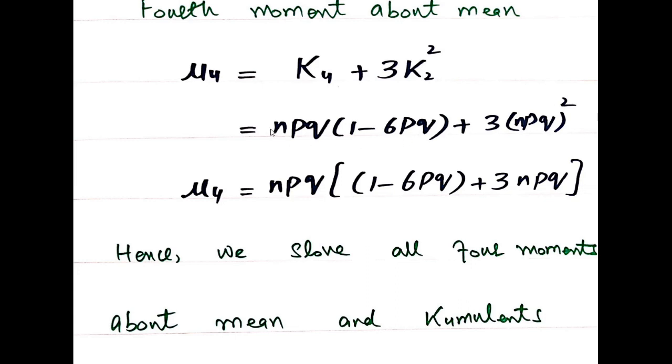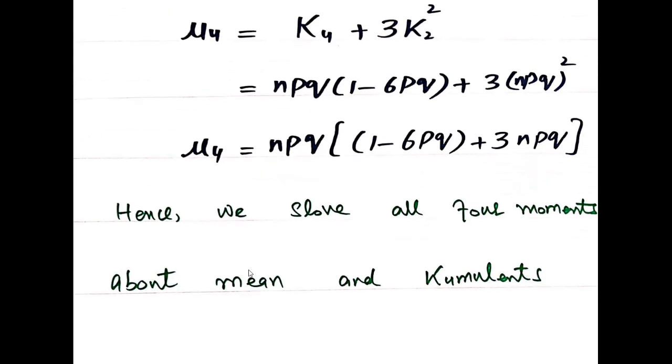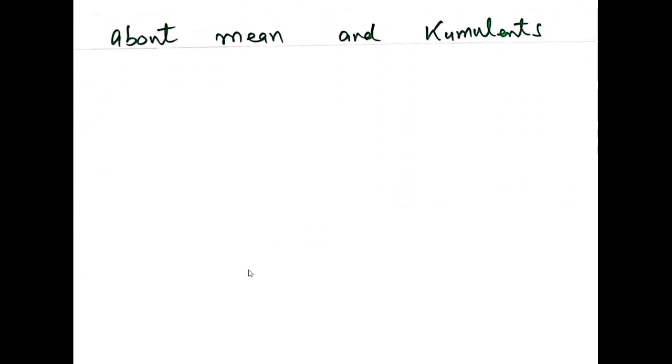Taking npq common outside, because the first term has npq and the second term also has npq, we get npq into 1 minus 6pq plus 3npq. Hence we solved our 4 moments about mean and cumulants.